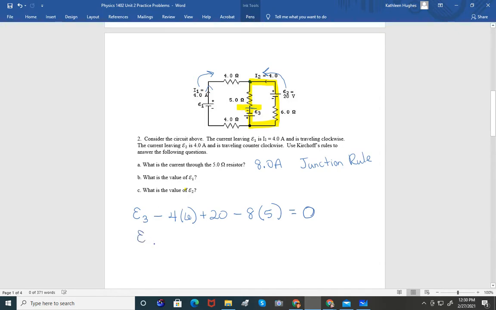So E3, that's minus 24 plus 20 minus 40 equals 0. E3, that's going to be minus 64 plus 20 minus 44 equals 0. And that is the correct answer. E3 is 44 volts.